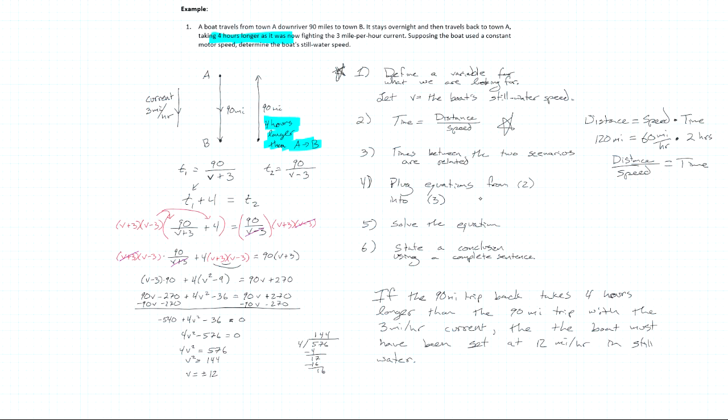Right. Its engine was set in such a way that it would have been going 12 miles an hour in still water. Now, if we think about that, that means that on the way down, it was going 15 miles an hour because the river was helping it by 3 miles an hour, and on the way back, it was going 9 miles an hour because the river was hindering it. All right, and that's our final answer.